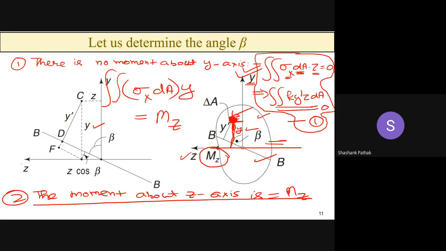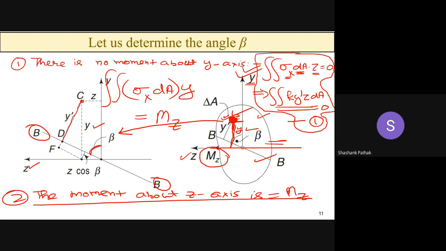Now, if you see here, this is a replica of the earlier figure. This is your neutral axis BB, which is making an angle beta with the y-axis. This is your z-axis about which your moment Mz is acting. And here this is y prime, the distance of this particular element.